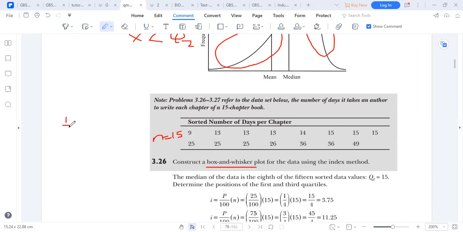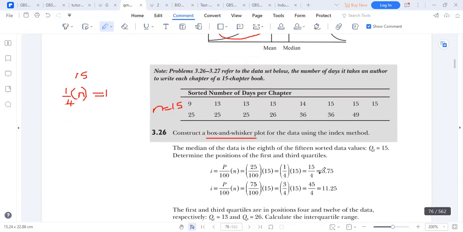First quartile, which is a quarter of n. So a quarter of 15 in this case would be what? Quarter of 15 will be 3.75. So 3.75, to the nearest, it is the fourth number. 1, 2, 3, 4.